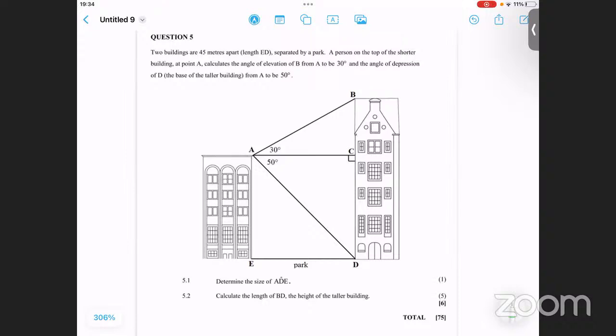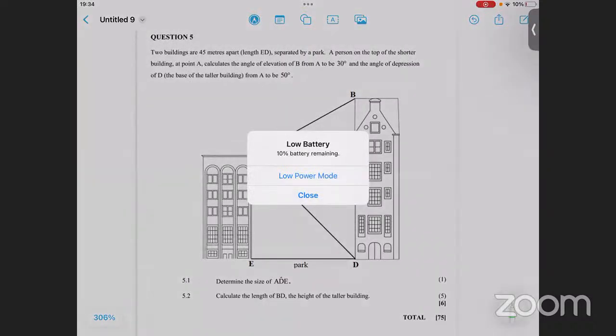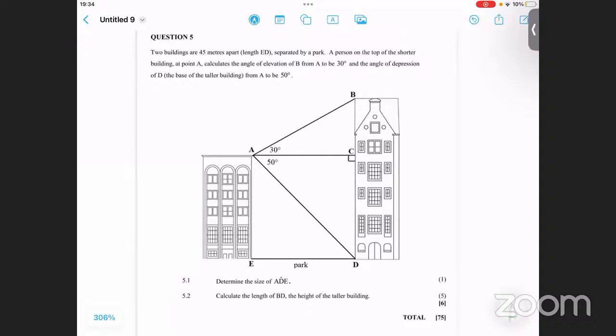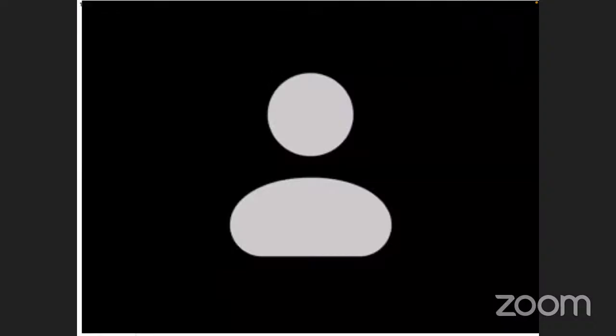Let me just connect. Might rotate this. You see, now it's on 10%. I will then continue with this rotation. You might need to rotate on your side. This is just so that the charging point is on the side of the charger. Okay, I hope now we can continue.